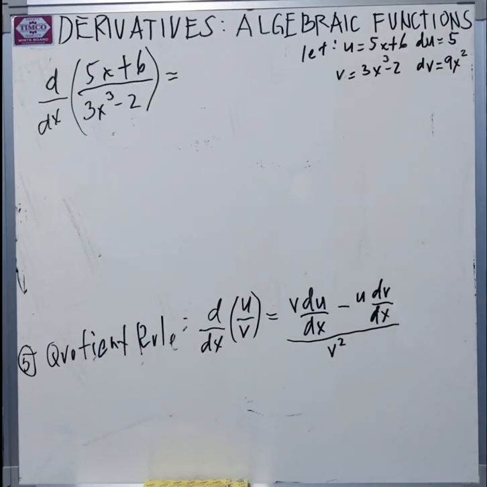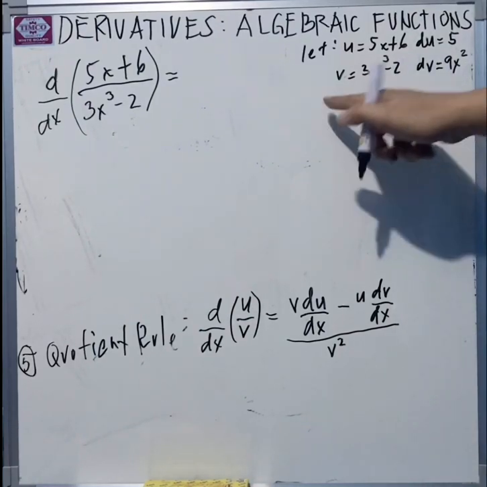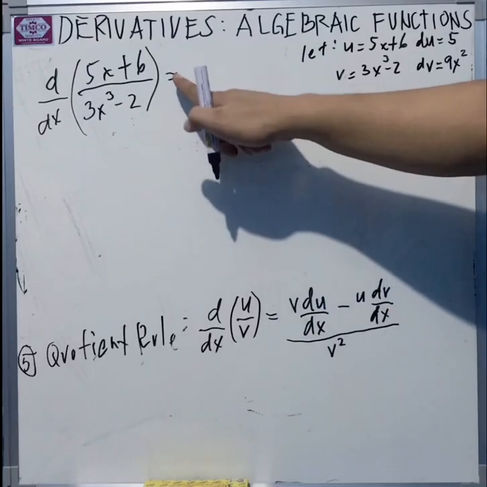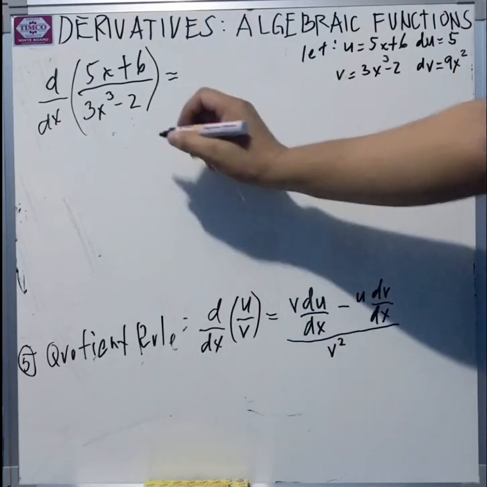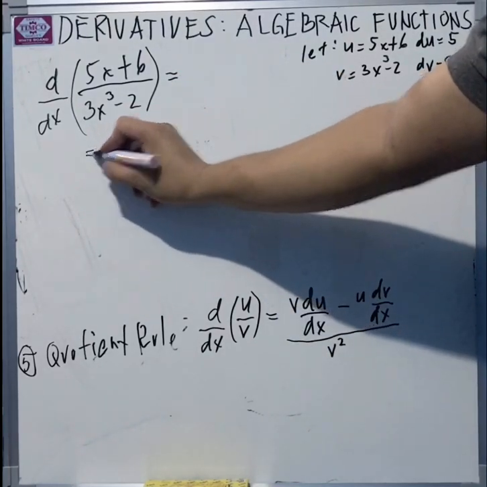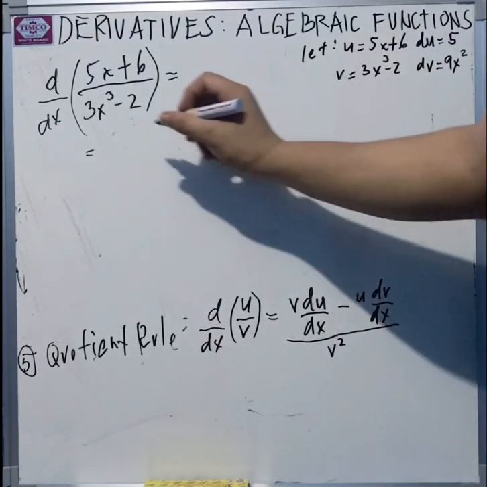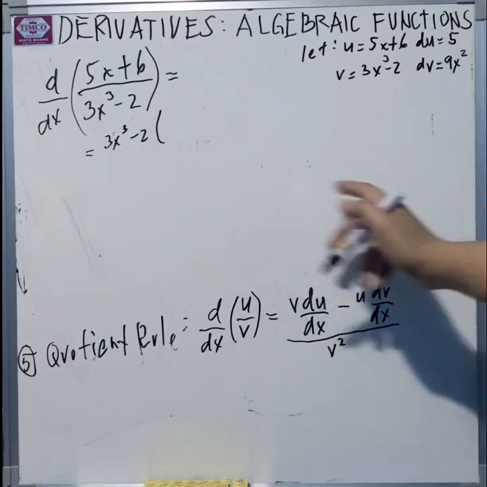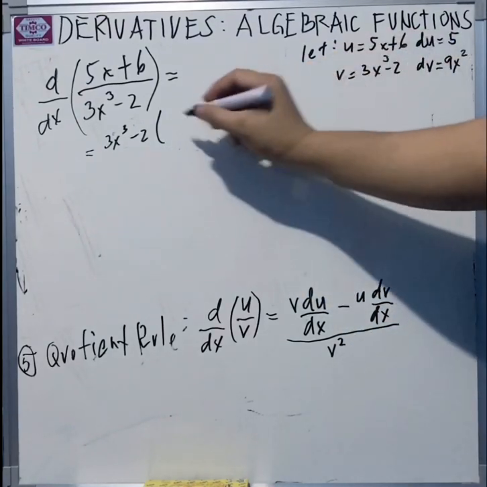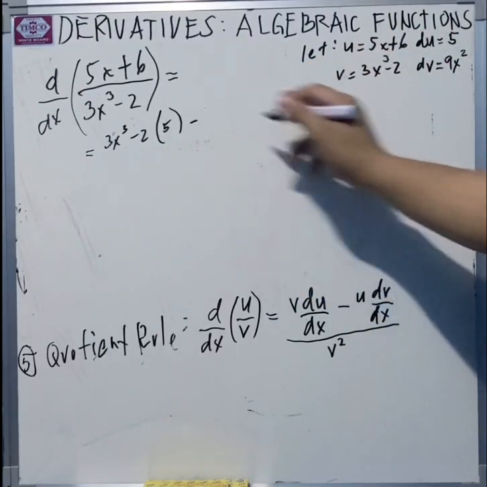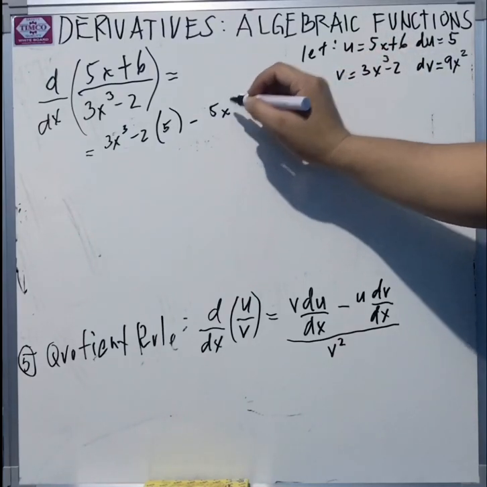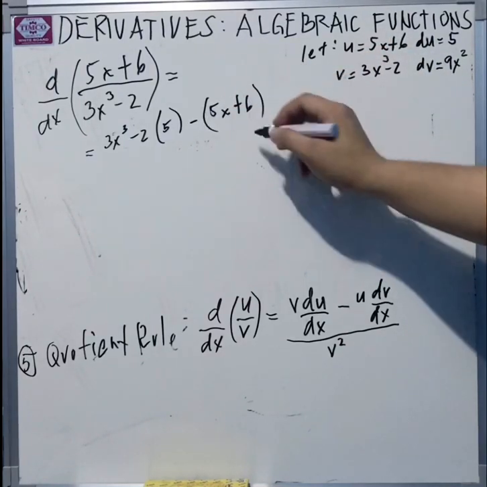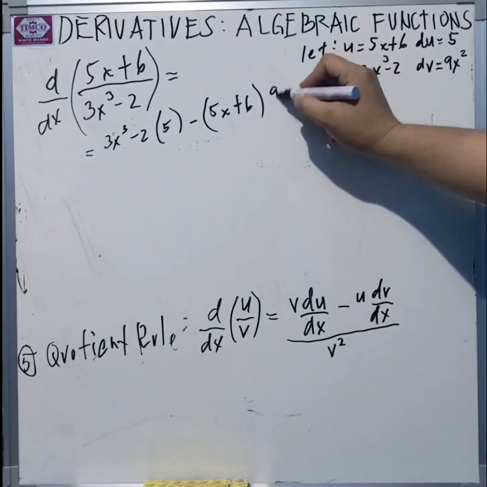Ayan. And then, we will substitute na siya dito. So, equals, we have v, 3x cubed minus 2, times d du na 5, minus u, 5x plus 6, times dv na 9x squared.